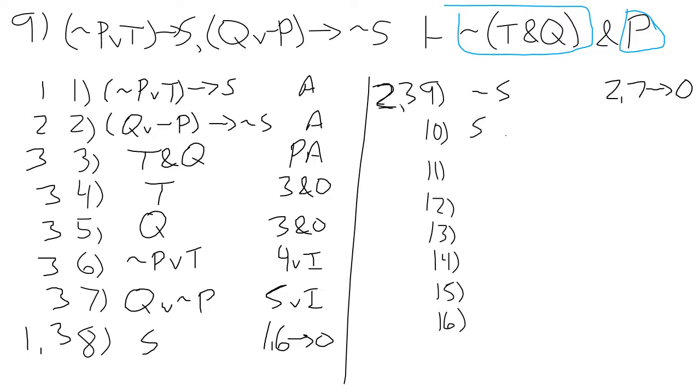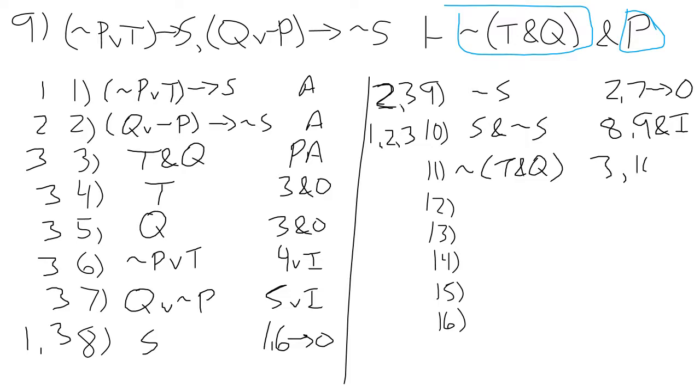Now we just need to put those together. There's our contradiction, so that's going to be 8 and 9, ampersand in, 2 and 3. And what's our PA? Our PA was T and Q. 3, 10, tilde in. 3 will drop out.